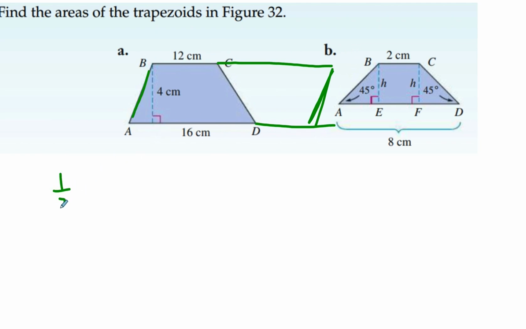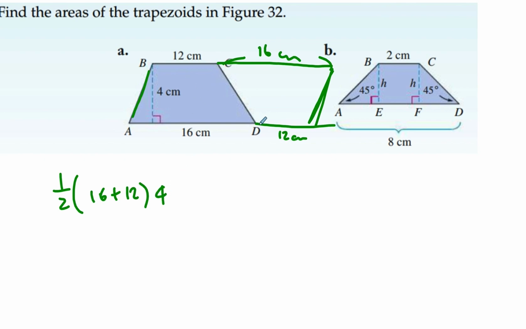So 1/2 of this trapezoid length. This is 16, and then this is also 16, because these two are exactly the same thing, just upside down, and this will be 12 centimeter, right? So base will be 16 plus 12 centimeter, and the height is 4 centimeter.